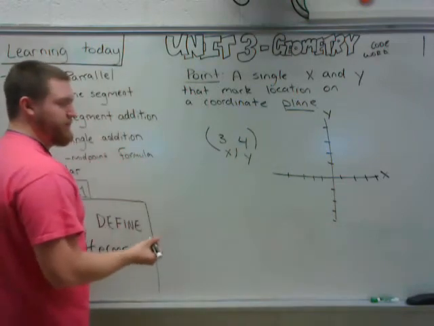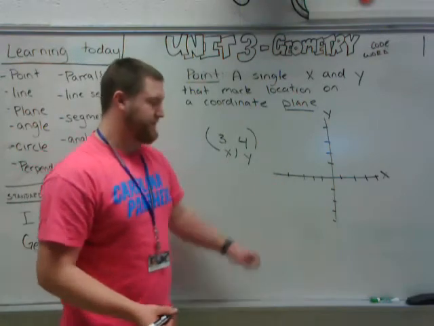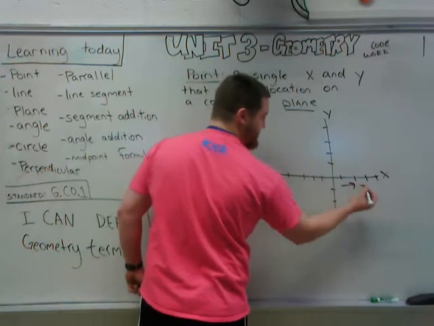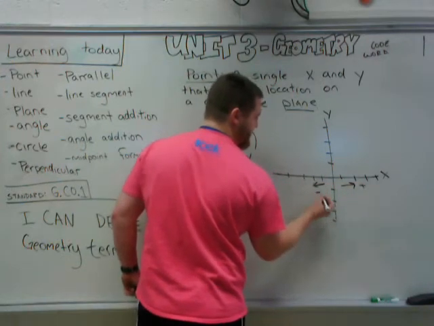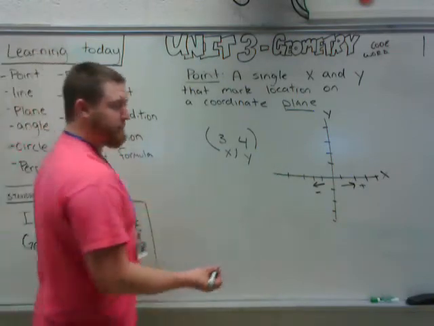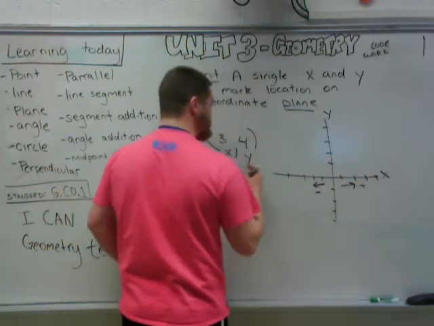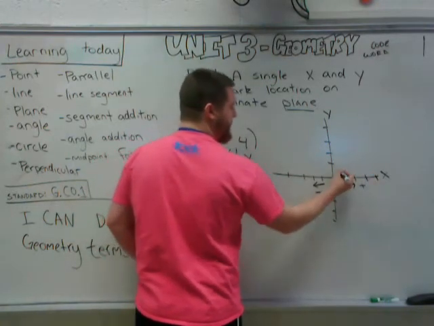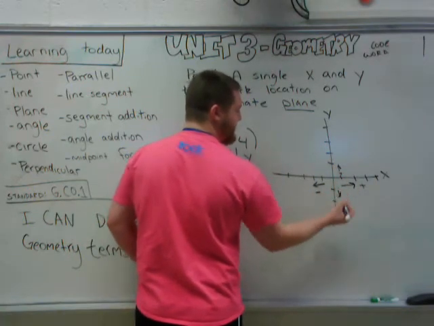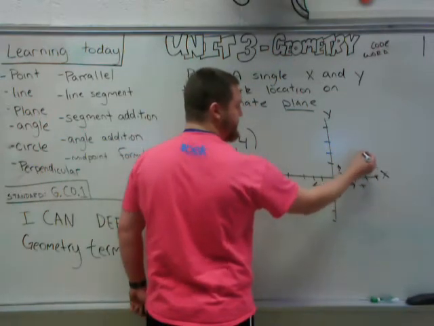Since 3 is our X, we're going to start on the X-axis. This direction is positive, this direction is negative with the X-axis. So if we're at a positive 3, we're going to go right 1, 2, 3 from the origin and go up. Since Y is 4, and for the Y-axis, up is positive and down is negative, we're going to go right 3 and up 1, 2, 3, 4.